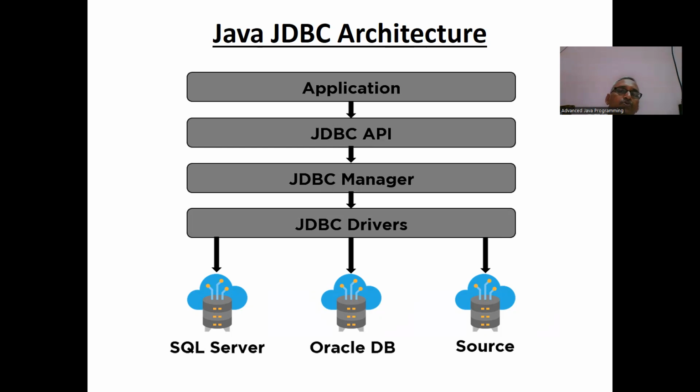This diagram shows the JDBC architecture. Application data moves to the JDBC API, then to the JDBC manager, then to the JDBC driver, then to the database, like Oracle database or SQL database, whatever backend we use for storing the data.